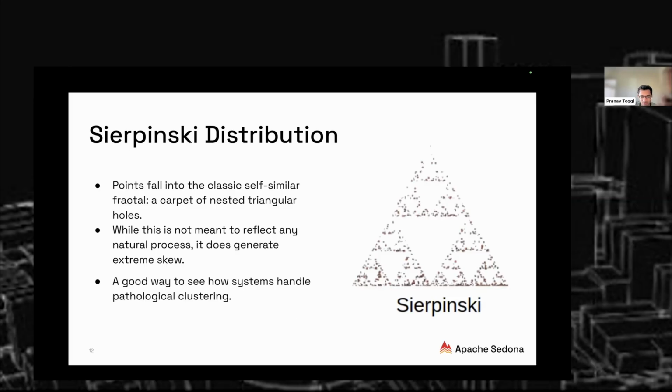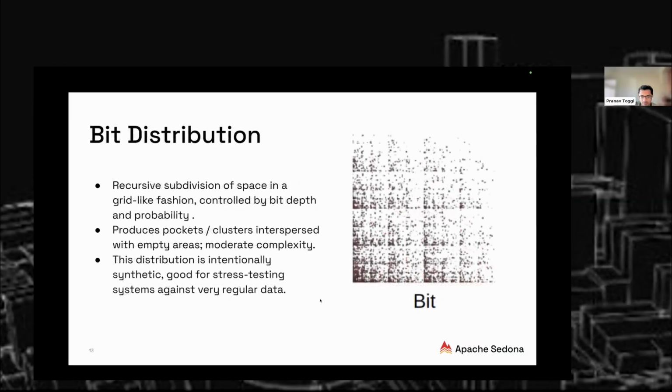It follows a fractal, and it looks like triangles nested within triangles. It's decently skewed though, so it's useful for testing engines for sure. Another one is the bit distribution, which also comes from the Spider spatial distribution suite. It produces pockets and clusters, and some clusters are dense, some are not. But this is also fairly predictable, and there is a fixed pattern to it.